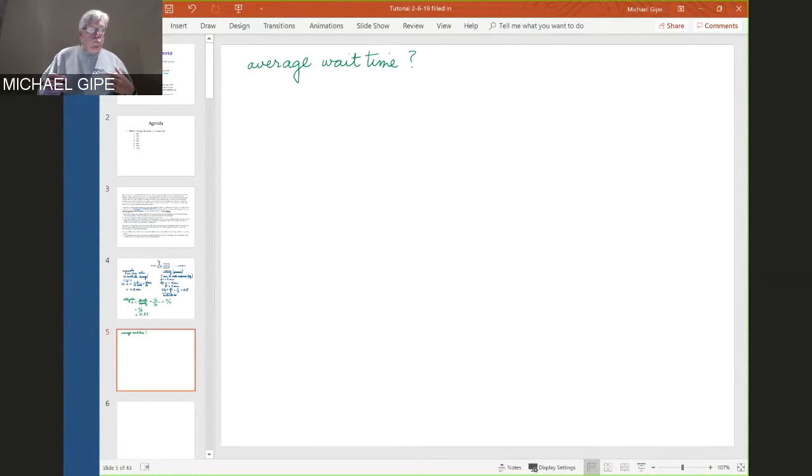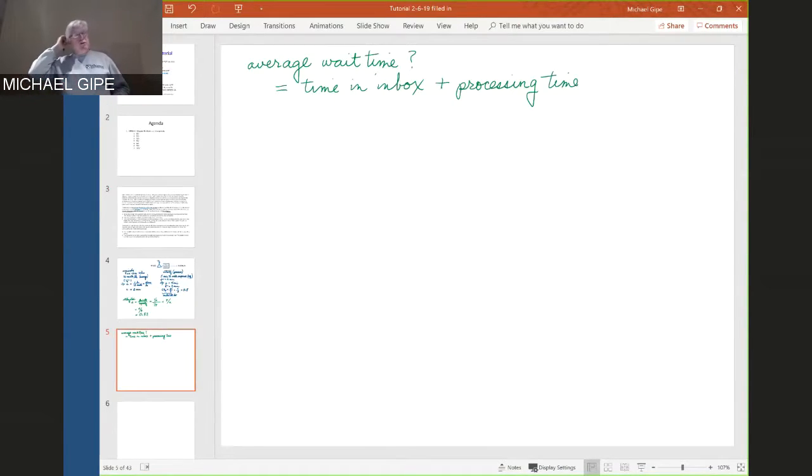So the wait time is going to be a combination of the time in the queue, or the inbox, plus the processing time. So you just have to read the language carefully.